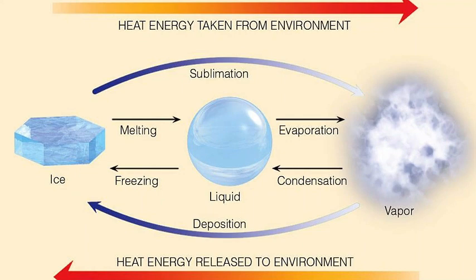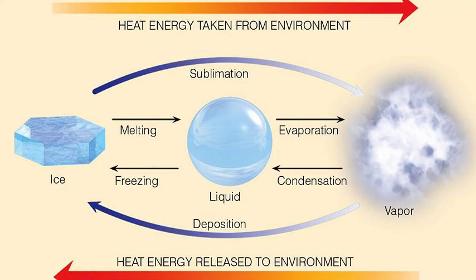So again, as mentioned, heat is either absorbed or released during a phase change. We can see here from left to right the processes of melting, evaporation, and sublimation. Heat energy is taken from the environment.